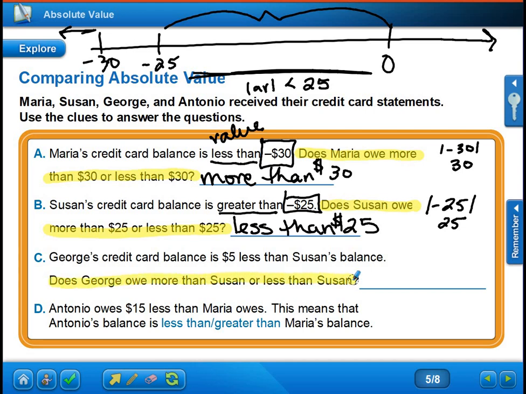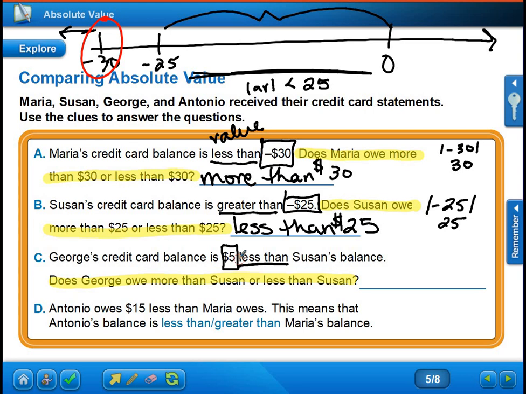So we want to know, does George owe more than Susan or less than Susan? His balance is 5 less than Susan's balance. So we said Susan was down here in the negative 30, and his is 5 less than Susan's. In this case, his credit card balance is 5 less than Susan's.